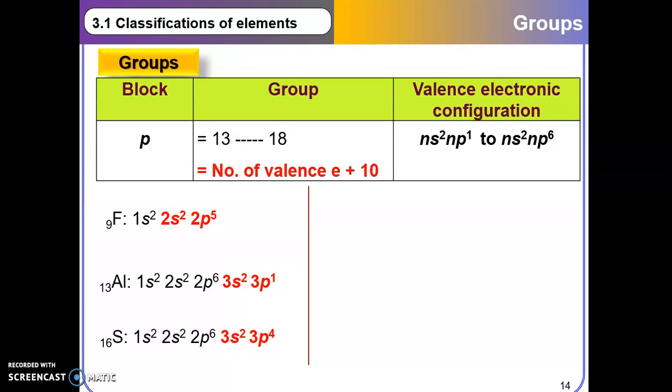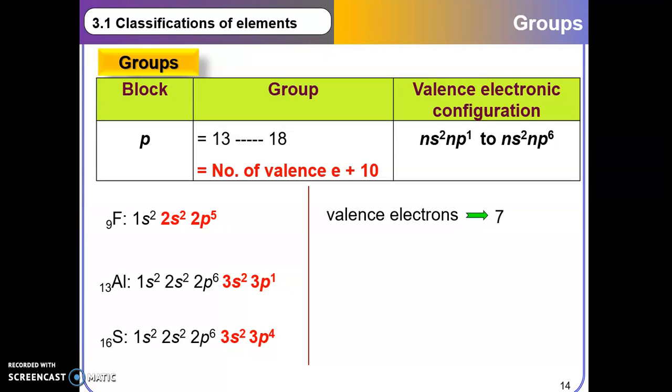Secondly, we have to check the total number of valence electrons. Valence electrons are the electrons in the valence shell. The valence shell in this case is shell 2. So in shell 2, 2s and 2p, there are altogether 7 electrons. In order to determine the group number, we need to know the valence electrons, 7 in this case.